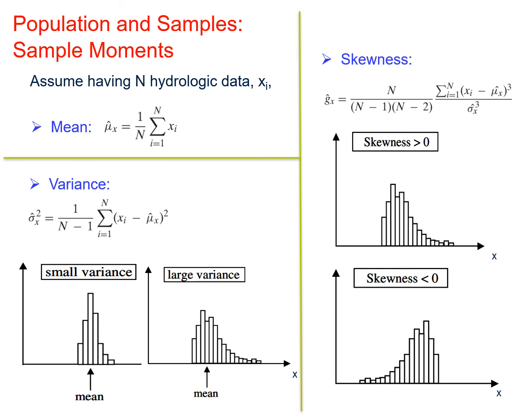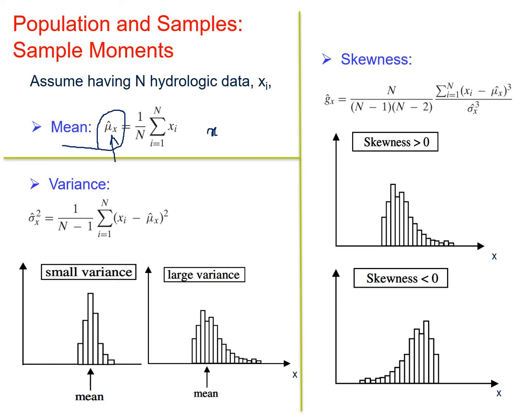We use this in different texts, and you can see different notations. I don't focus on this that much. In some you write mu with a cap, and some just use a bar and so on.